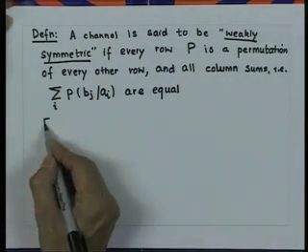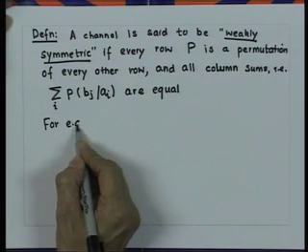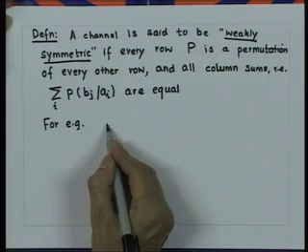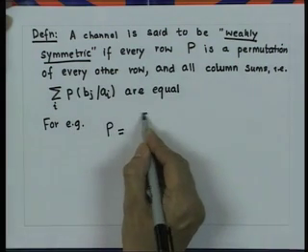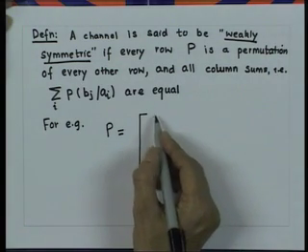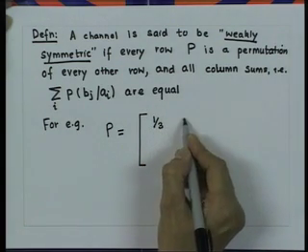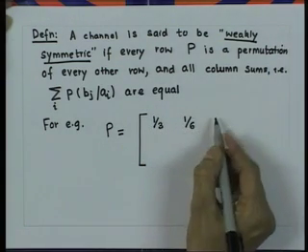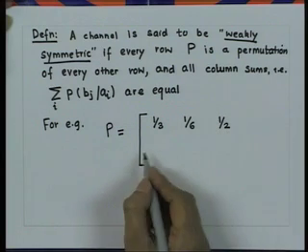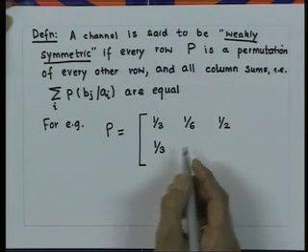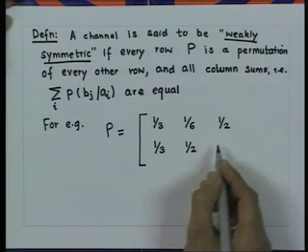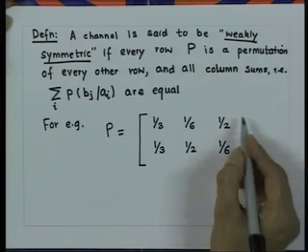For example, a channel with a channel matrix given by 1/3, 1/6, 1/2 in the first row and 1/3, 1/2, 1/6 in the second row.